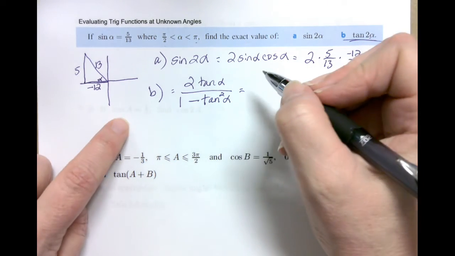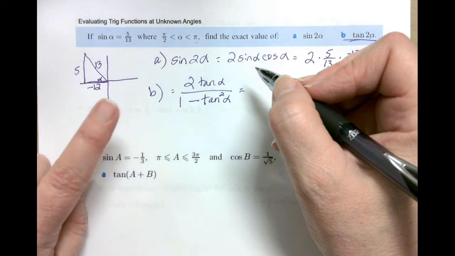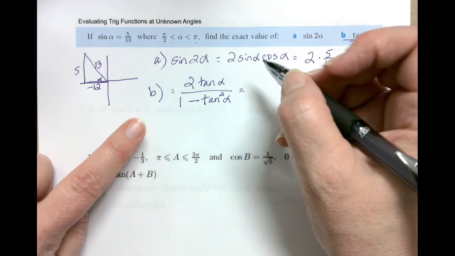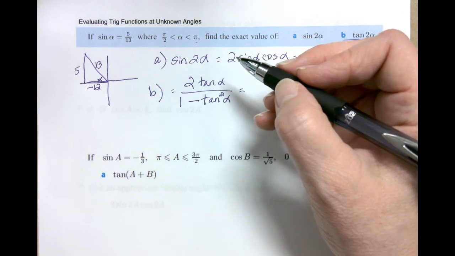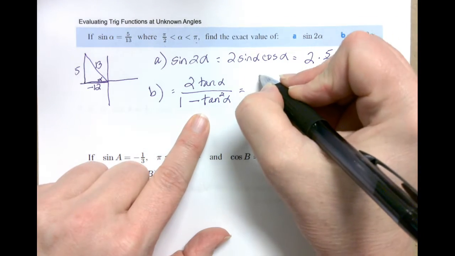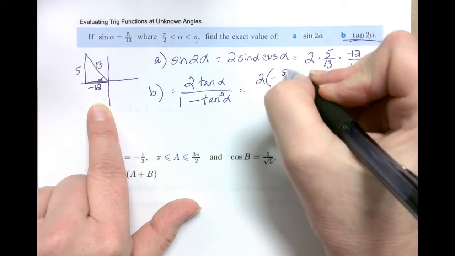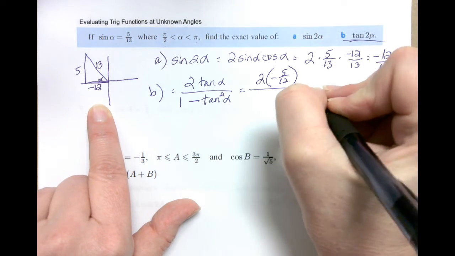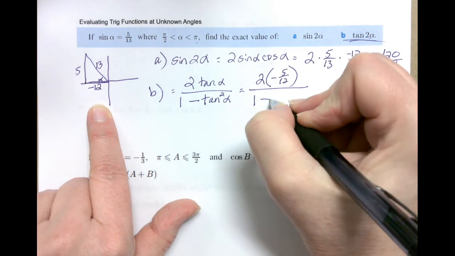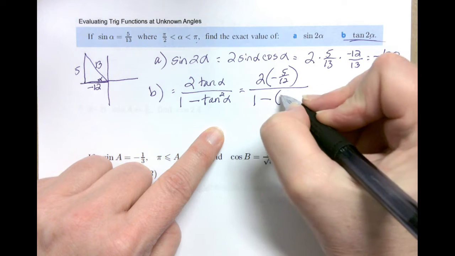So let's plug in tangent of theta, or alpha, or whatever letter that is. 2 times negative 5/12 over 1 minus negative 5/12 squared.